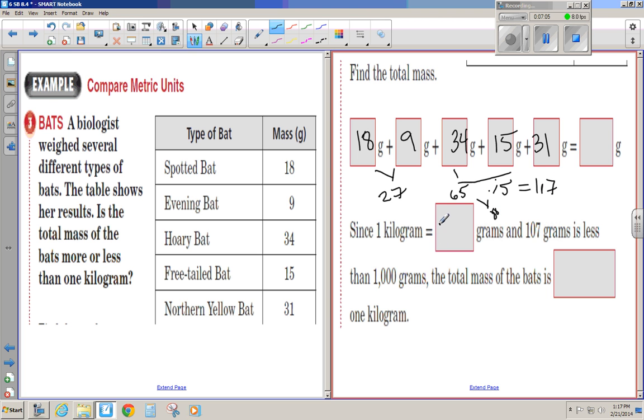Since 1 kilogram is 1,000 grams, and 107 grams is less than 1,000, the total mass of the bats is less than 1 kilogram, about a tenth of 1 kilogram.